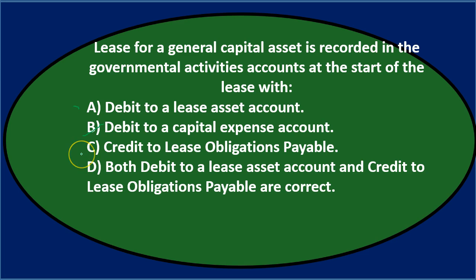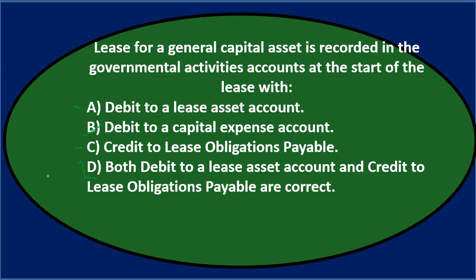C says credit to the lease obligation payable, and D says it's going to be both a debit to the lease asset account and a credit to the lease obligation payable account. So either the components A and C, or D, which has both of them, would probably be the way to go. And of those, D is actually going to be the correct answer.